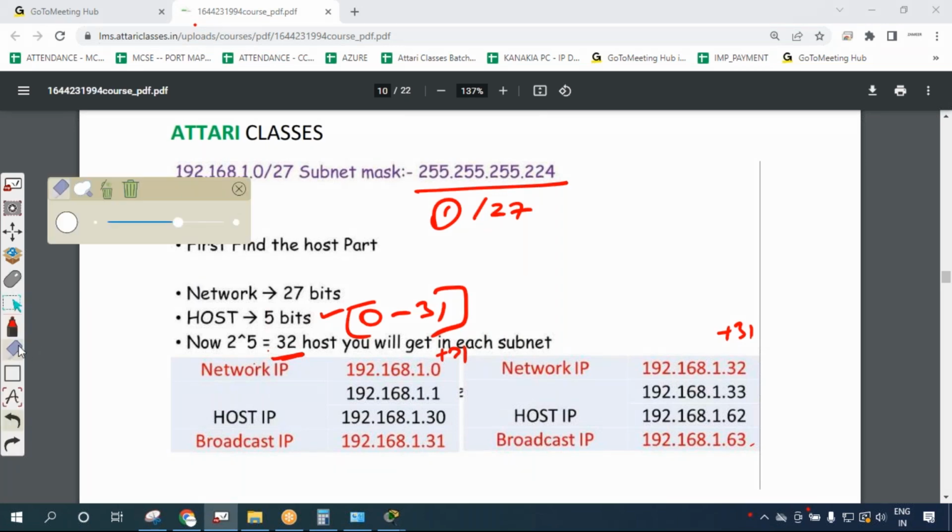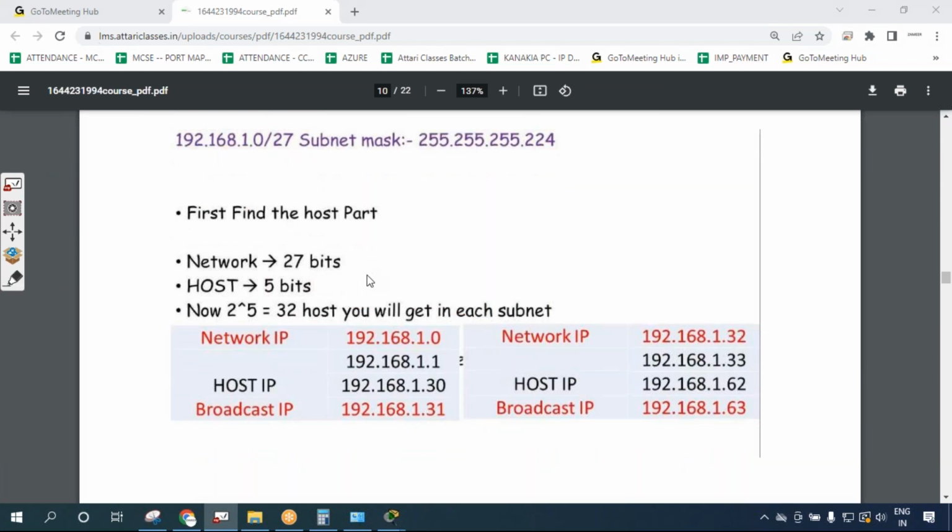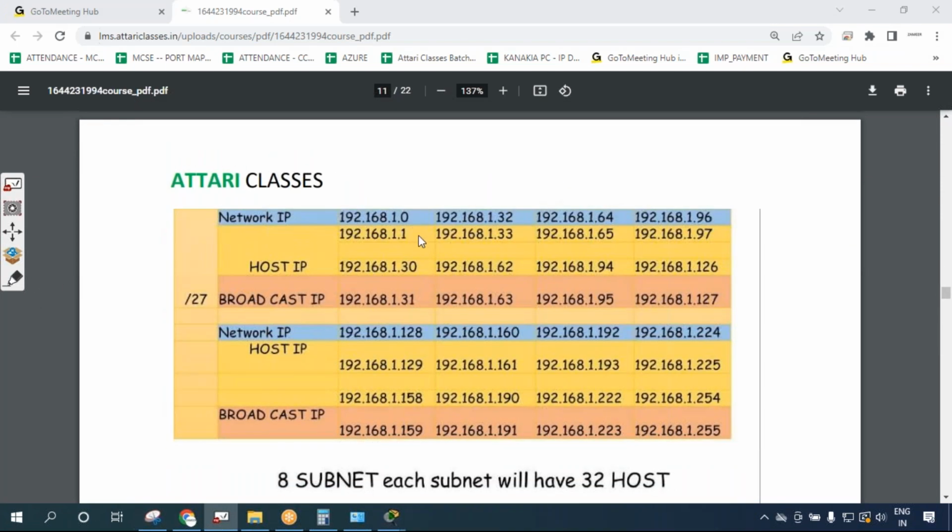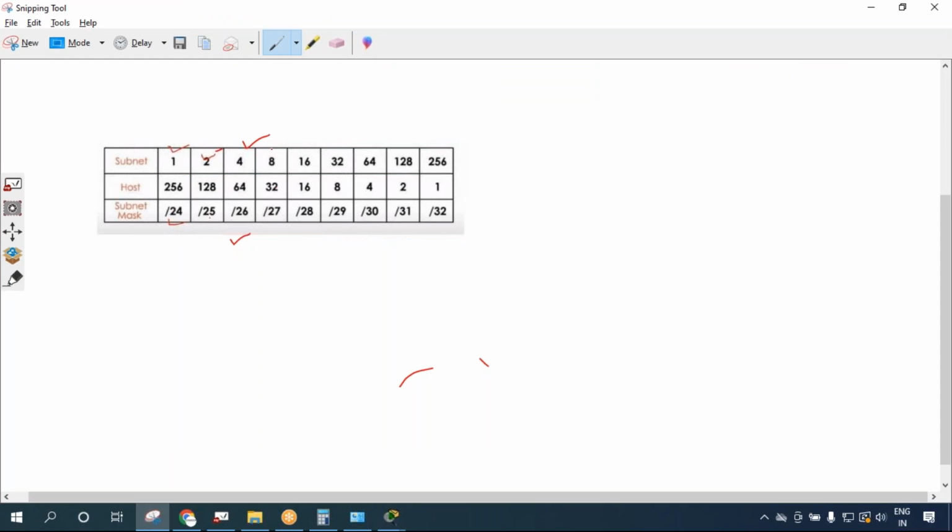So: 0 to 31, 32 to 63, 64 to 95, 96 to 127, 128 to 159, 160 to 191, 192 to 223, 224 to 255. 8 subnets are created, and in each subnet you have 32 hosts, for /27.